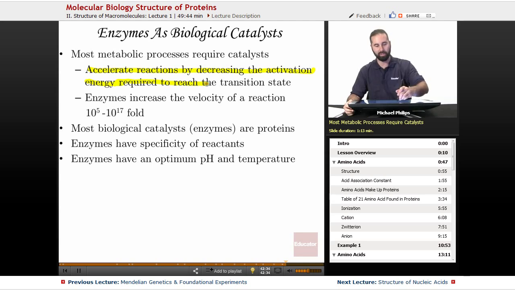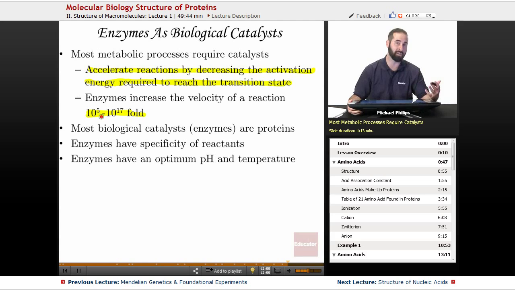So that's what allows you to get to the transition state. What's very important is that enzymes increase the velocity of reaction so highly that uncatalyzed reactions may never actually occur. So these can be increased 100,000-fold to over a trillion-fold. So this actually allows you a reasonable amount of time for a reaction to occur in the presence of an enzyme.